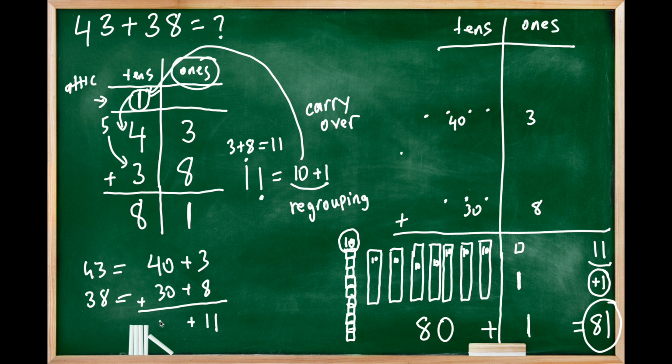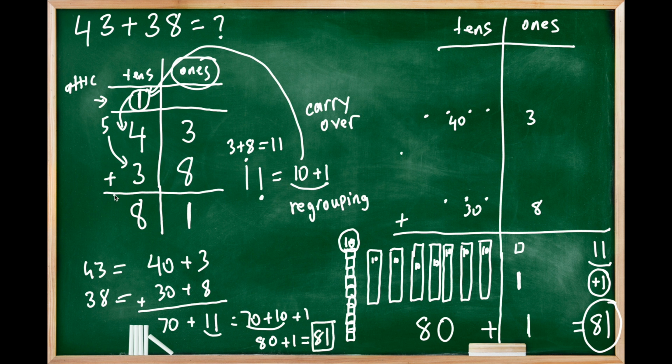And then the tens place is 70. So again, here I need to regroup this. One extra 10 should be combined with the tens place value, which is 70. So that means 70 plus 10 plus 1. This part is the regrouped part. Plus 1, it is 81 as a result.